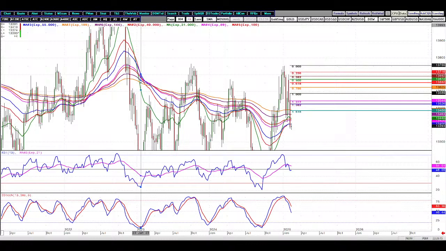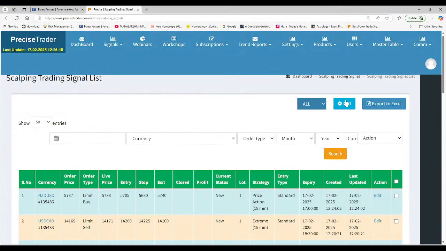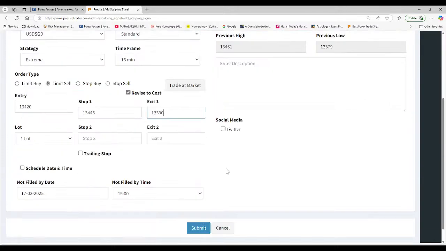So we have three calls. 34.20 selling, exit at 33.90.